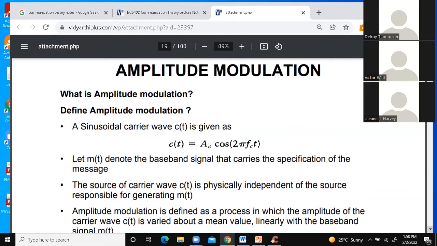The signal is modulated by amplitude and transmitted through the channel.